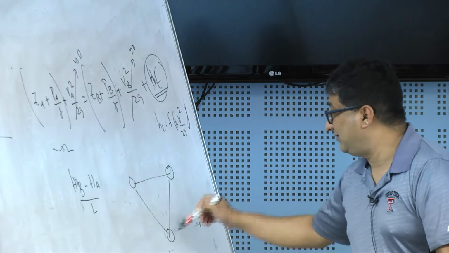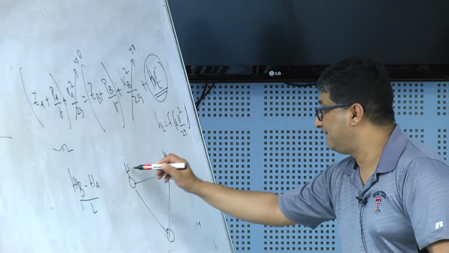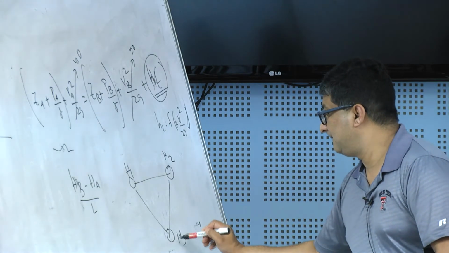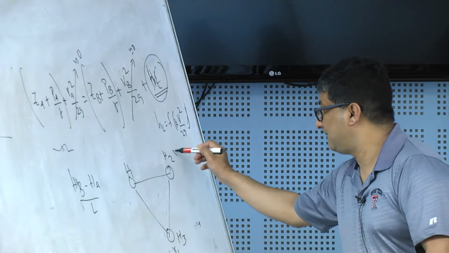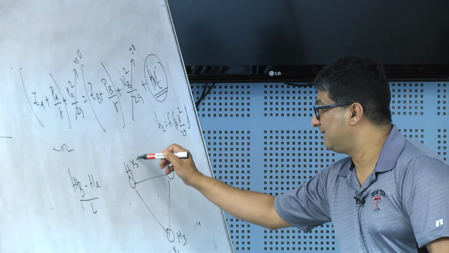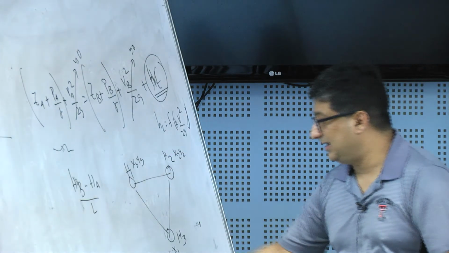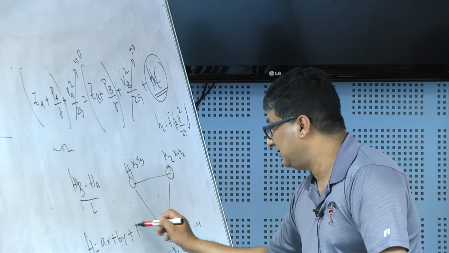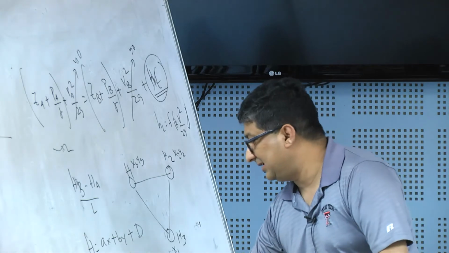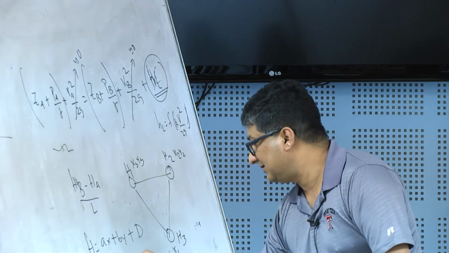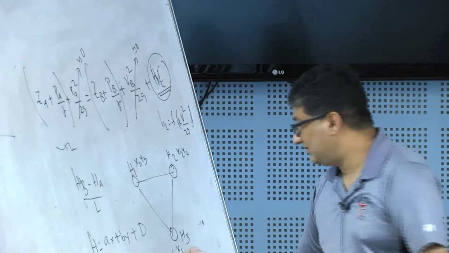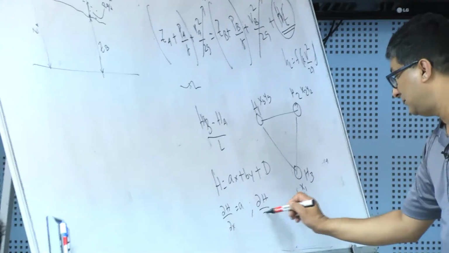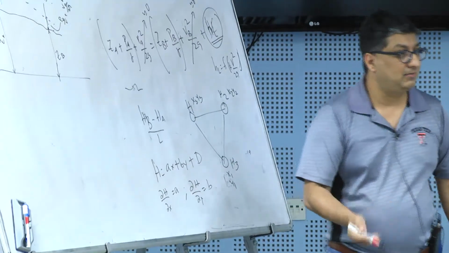We fit a plane through those 3 heads and say H equals some value, and if I take del H over del X, that's my gradient in the X direction. That's my gradient in the Y direction. I can extend that to the Z direction too if I want, but that's how we calculate the gradients.